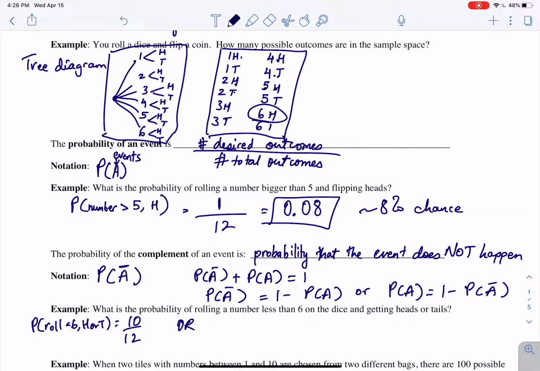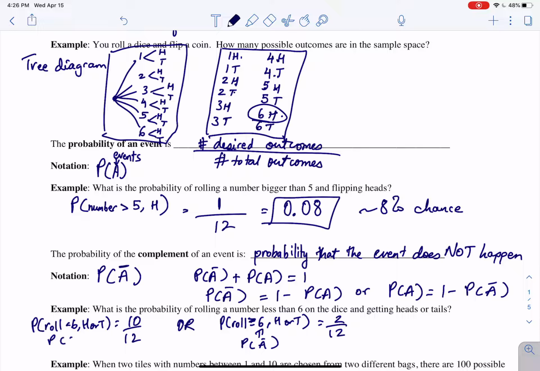I can say, what's the probability of not doing this? What's the probability of rolling a number that is greater than or equal to 6 and then getting heads or tails? Well, in this case, there's only 2 places where that happens. 2 out of 12. And so then this is the complement. This is P of A complement.